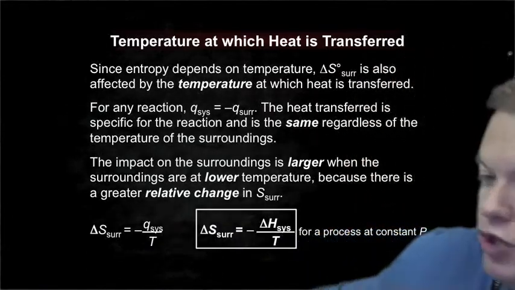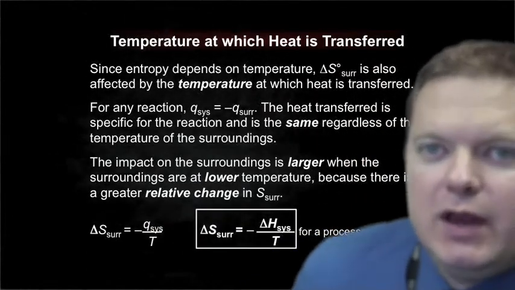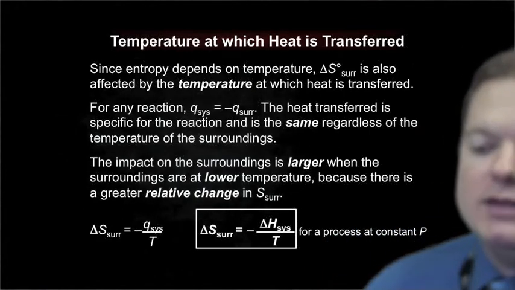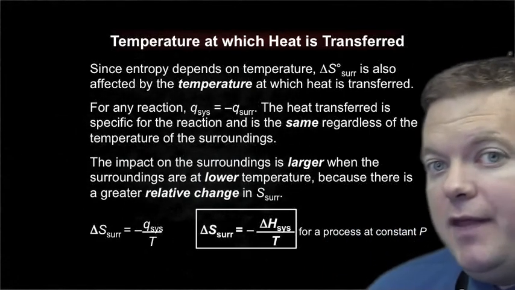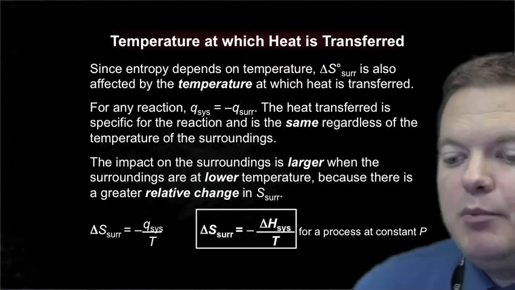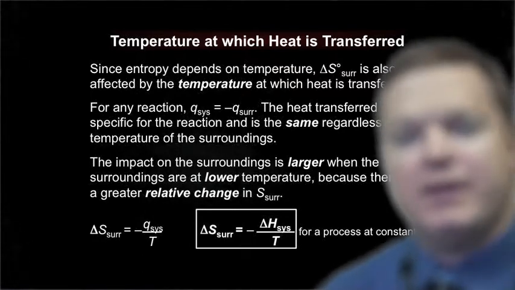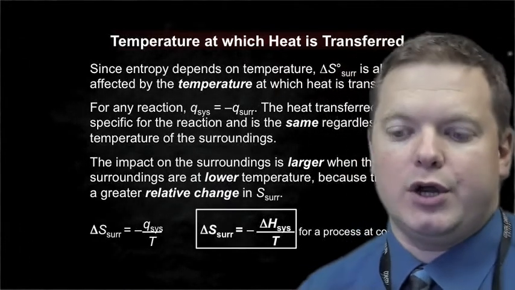So we can say that in general, the change in entropy of the surroundings is going to be equal to the negative change in enthalpy of our system divided by temperature, assuming we are keeping this at a constant pressure.